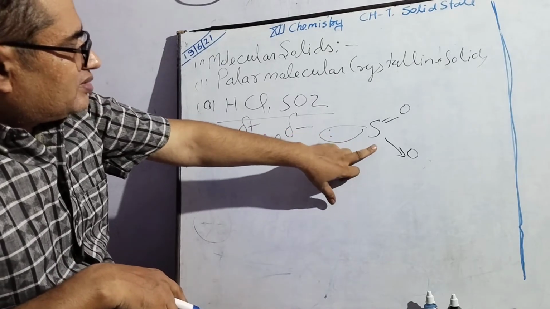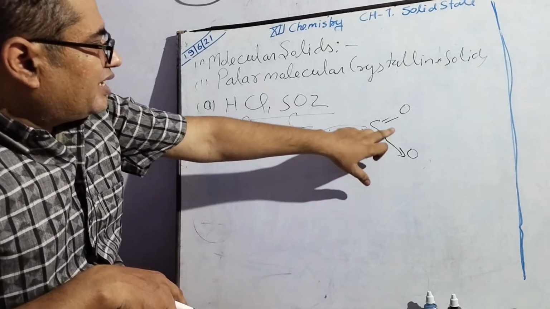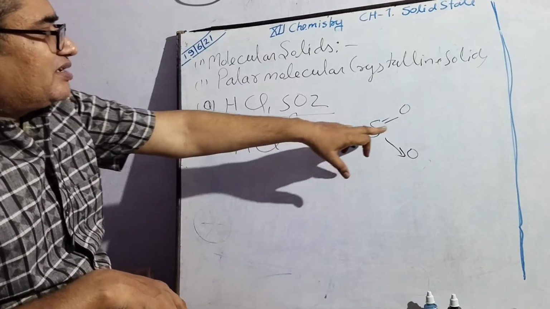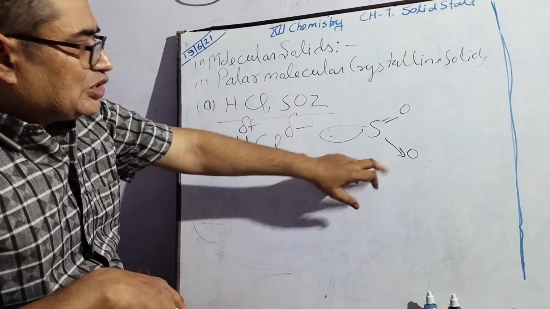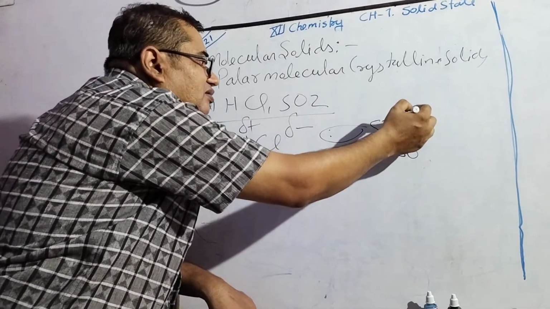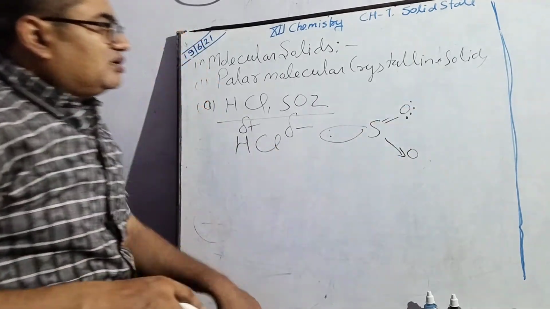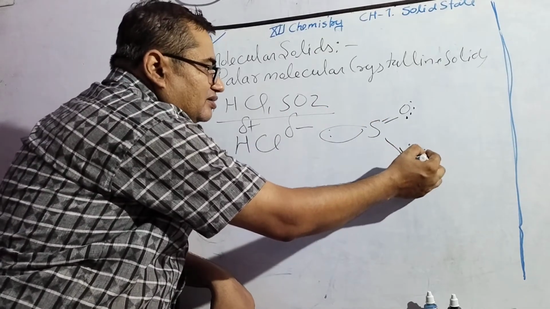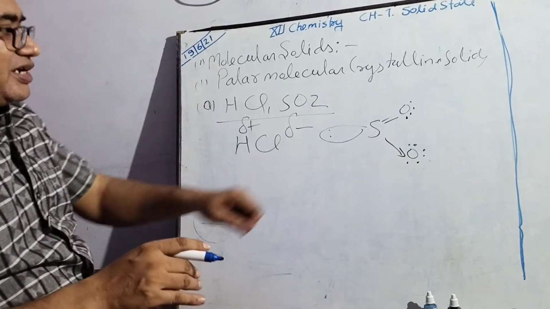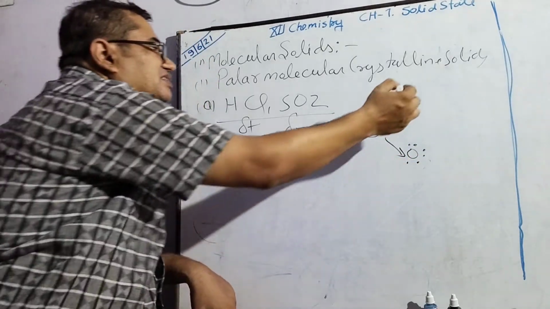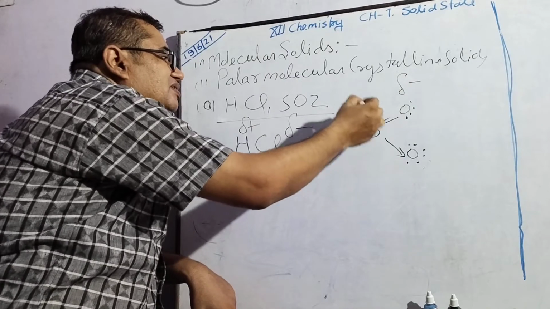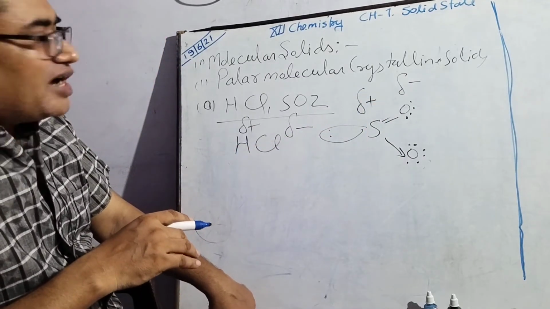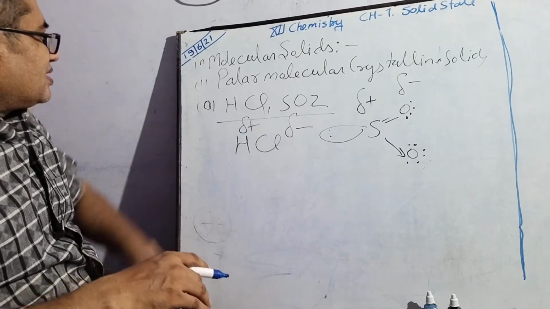Two electrons are given to this oxygen and two electrons to this element, participating here as a covalent bond, here a coordinate bond. This oxygen has only four unshared electrons and this oxygen has six unshared electrons. So this is the difference. This oxygen has partial negative charge and this sulfur has partial positive charge. So this is the example.